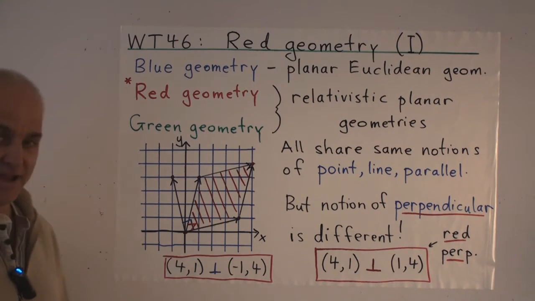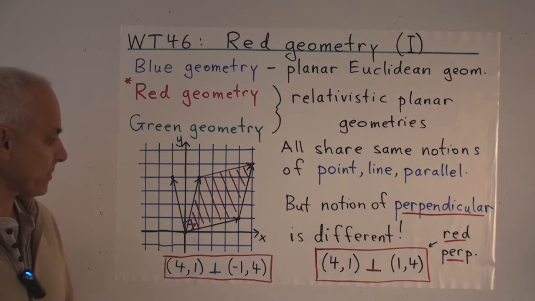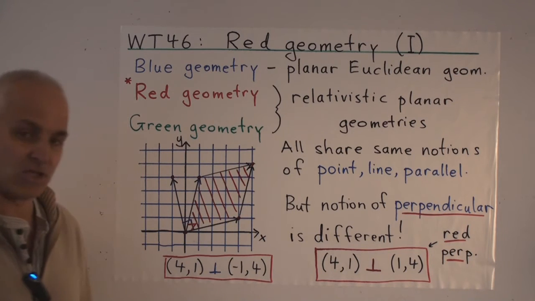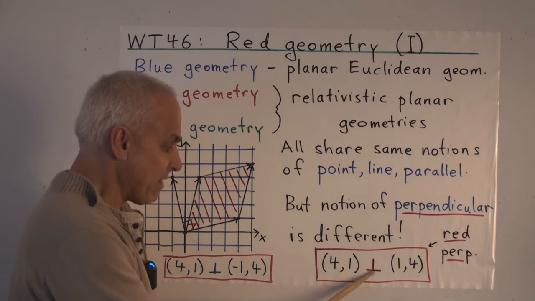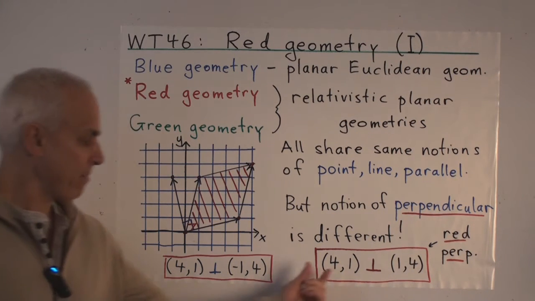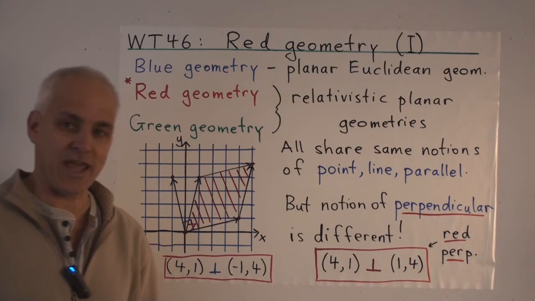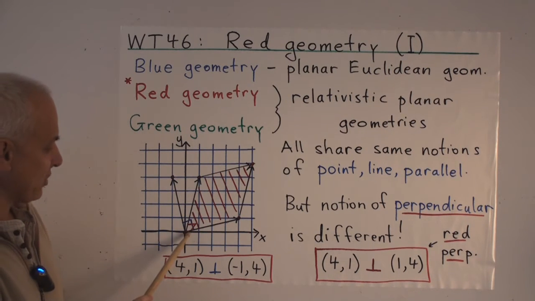We're going to abandon that temporarily now and talk about a new notion of perpendicularity. It's very similar algebraically. We're going to say that the vector 4, 1 is red perpendicular to the vector 1, 4, what you get by just interchanging the x and the y coordinates of the vector. So geometrically, what does that mean?